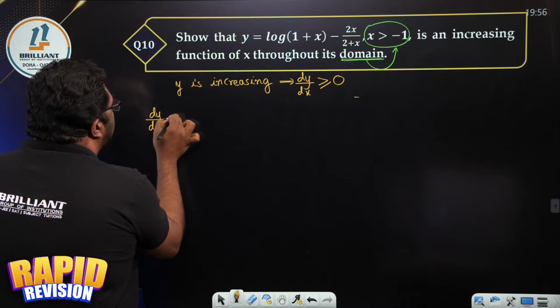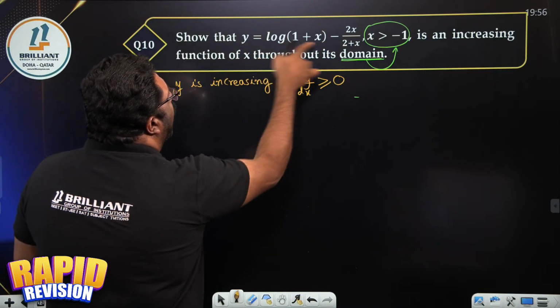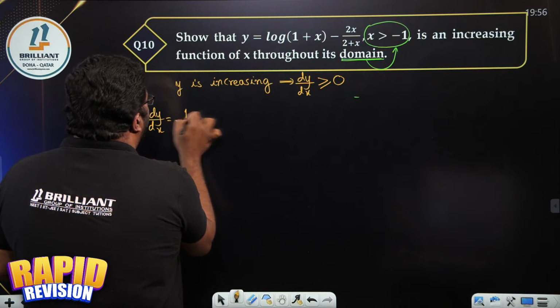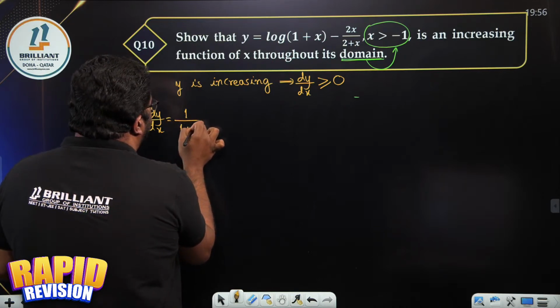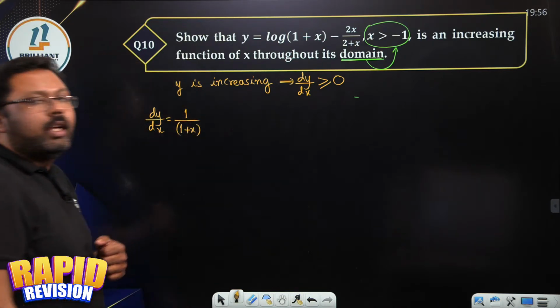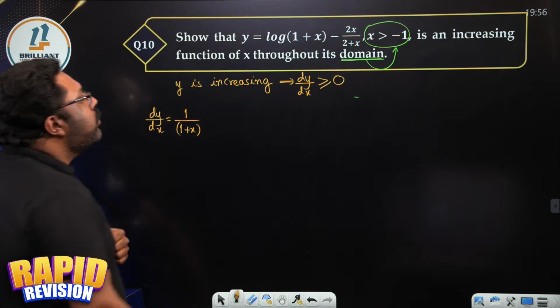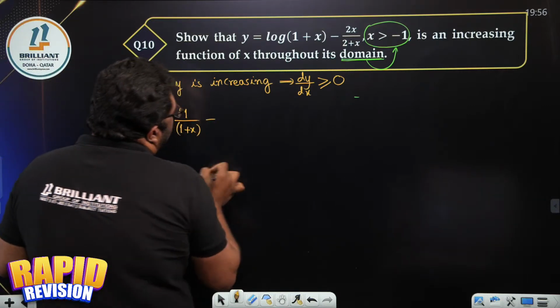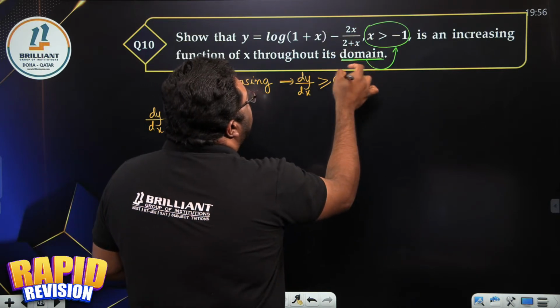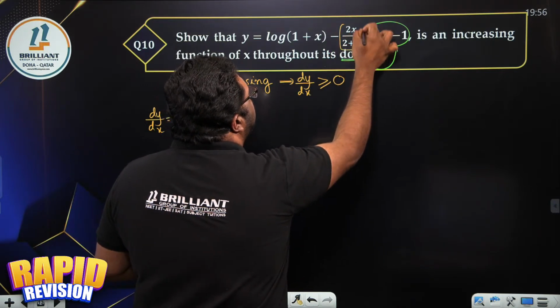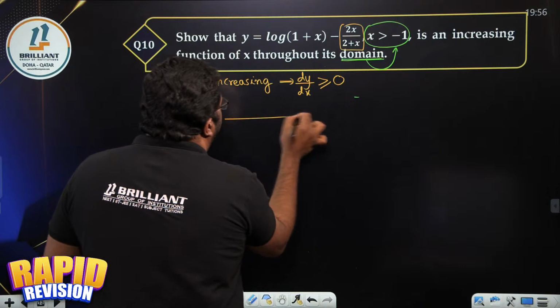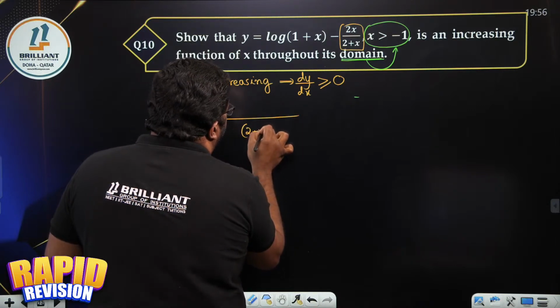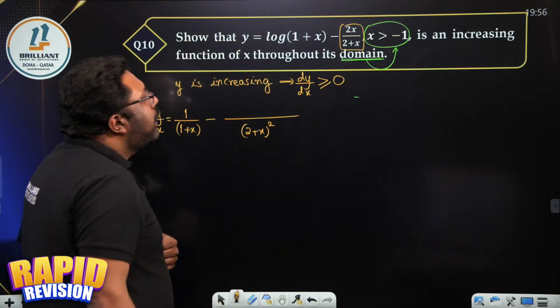dy by dx. What's the derivative of log 1 plus x? 1 by 1 plus x. Now the derivative of 2x by 2 plus x, I'm going to use quotient rule. So the denominator is going to be 2 plus x squared.